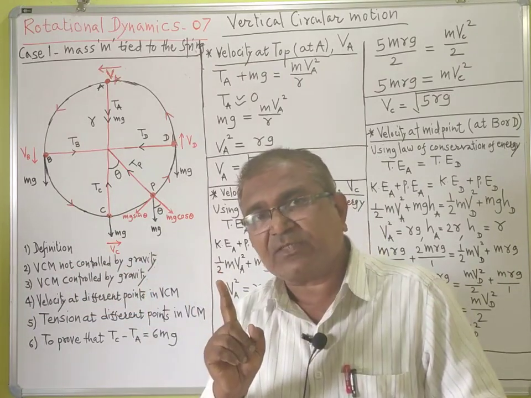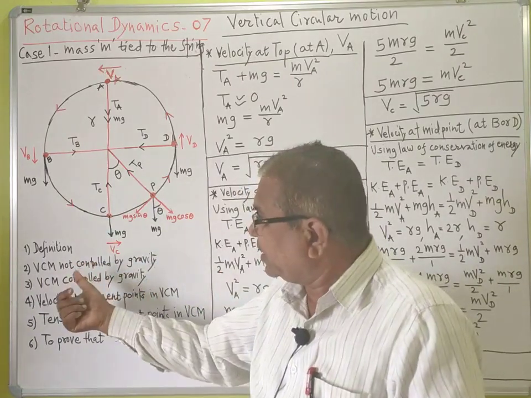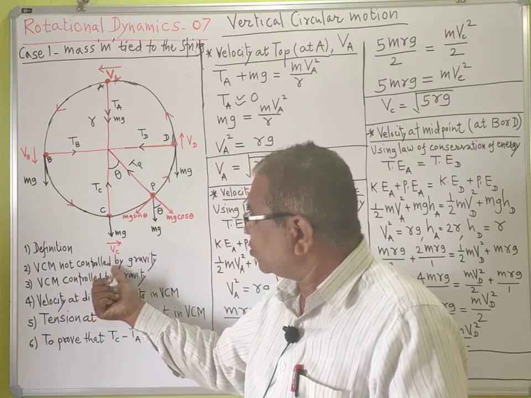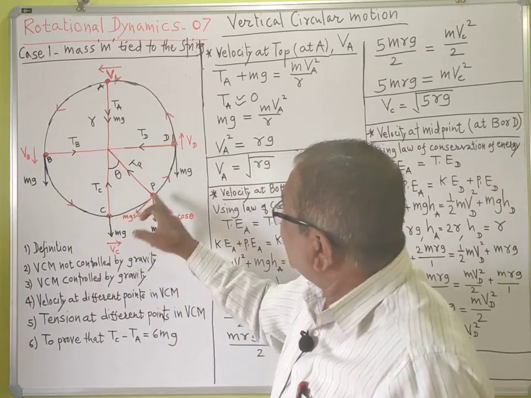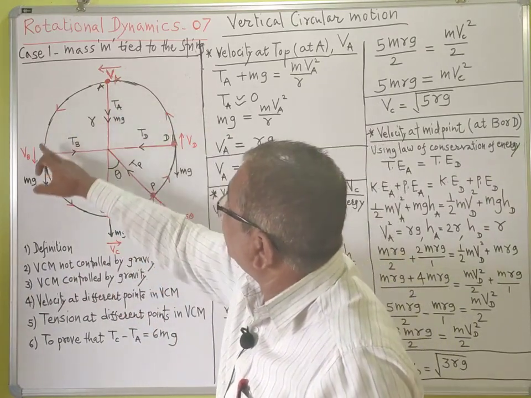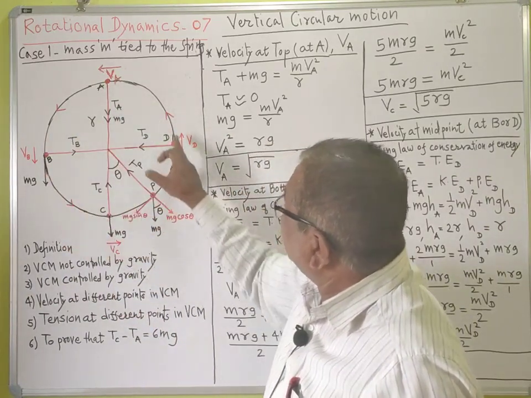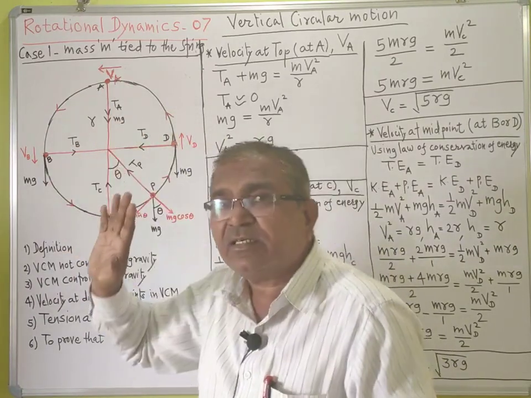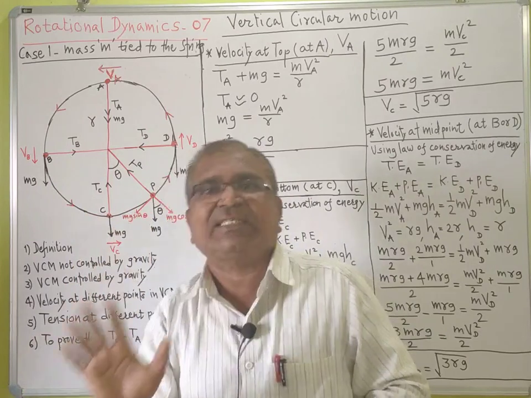Listen carefully, dear students. Under the condition of vertical circular motion not controlled by gravity, the velocity of every particle at every position on the circumference of the circle remains constant.